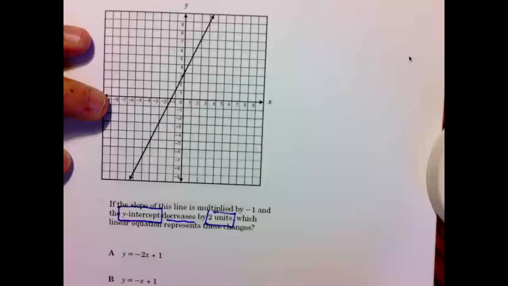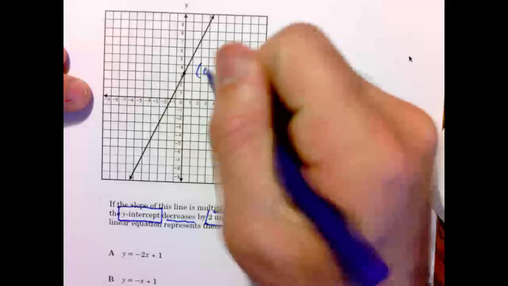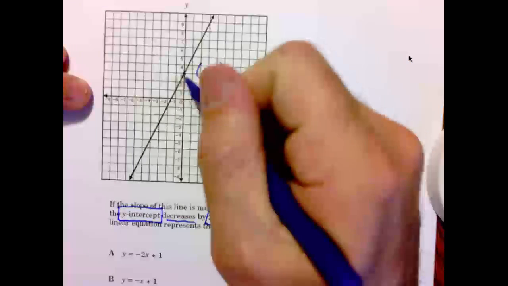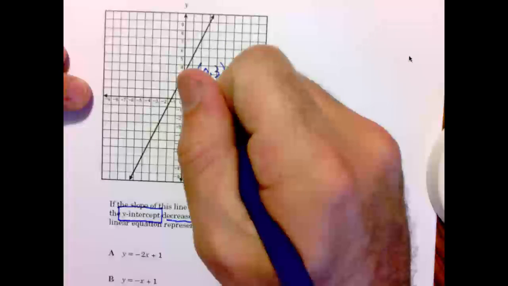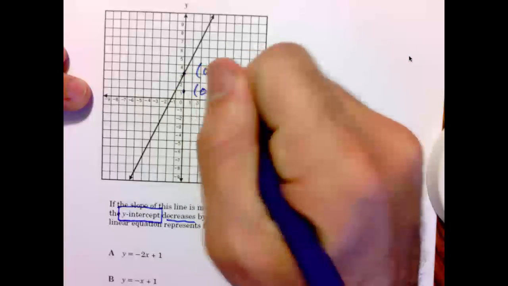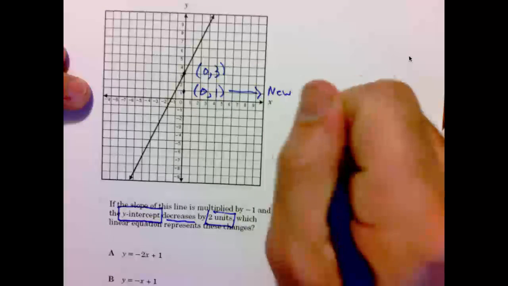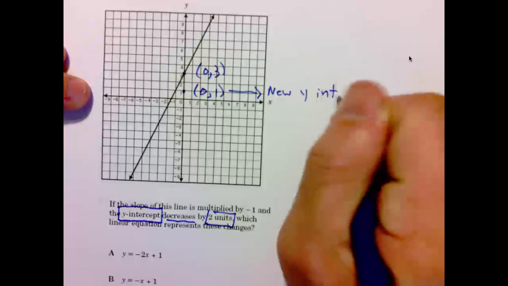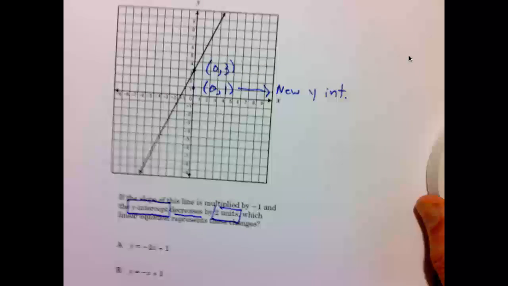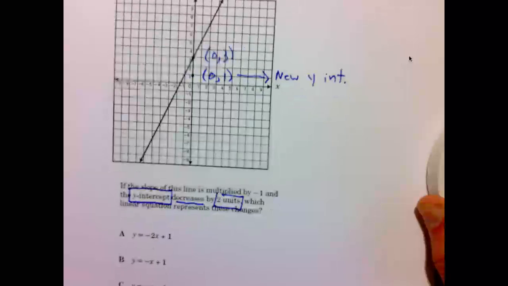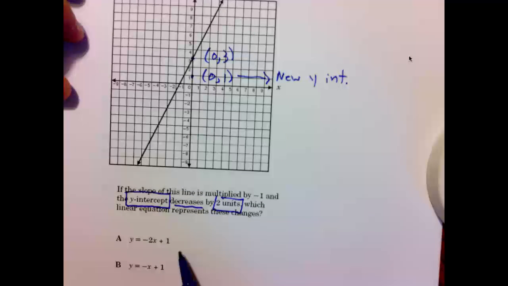Well, our current y-intercept appears to be at (0, 3). If we move that down 2 units, our new y-intercept would be at (0, 1). This is the new y-intercept. Thus, we are looking for an equation that contains the point (0, 1) as the y-intercept.